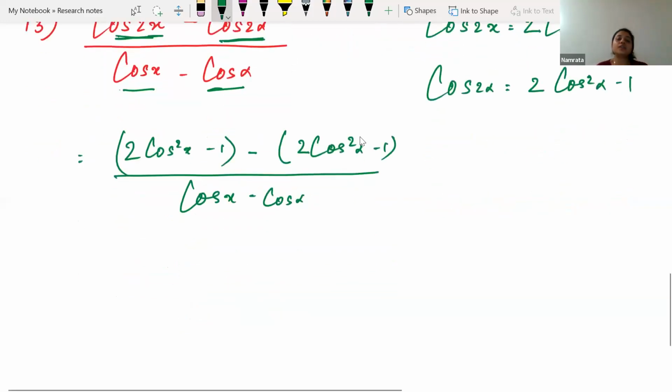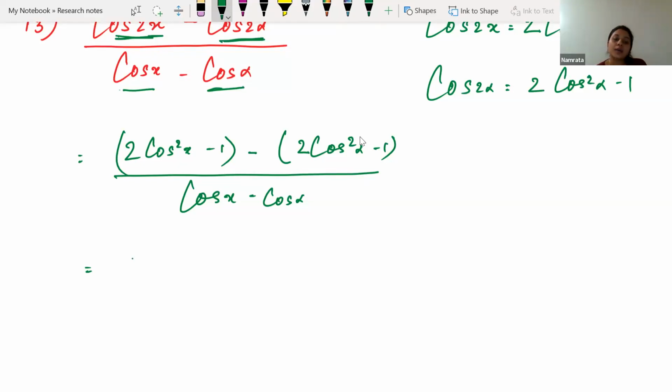You might think, why make it square, because integrating a square is not possible without some simplification. When we have cos 2x, the integration is possible and can be done easily, as is that of cos 2 alpha. But due to this denominator, we have to do some simplification.